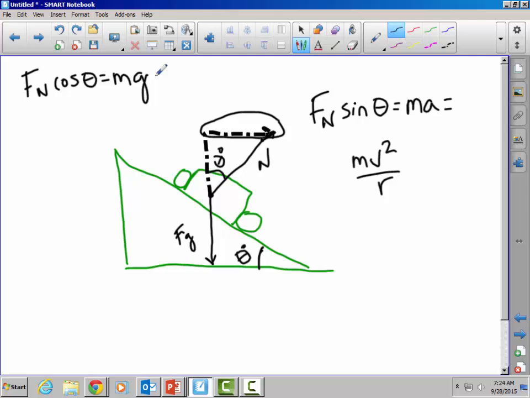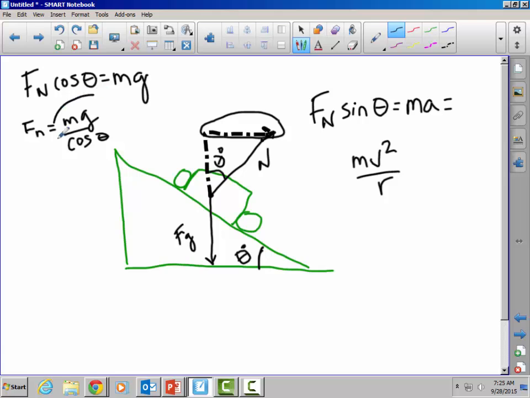So if you wanted to find the angle that the banked curve would need to be at to make a particular turn, you can say Fn equals mg over cosine theta.